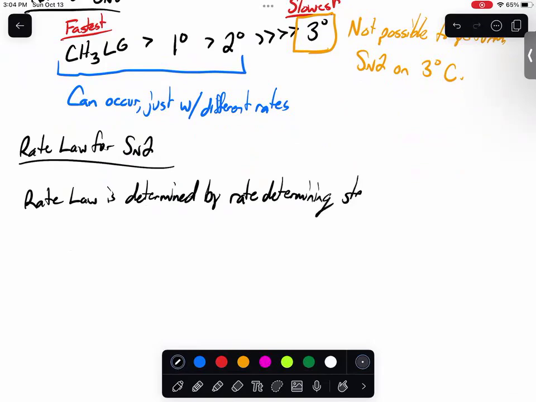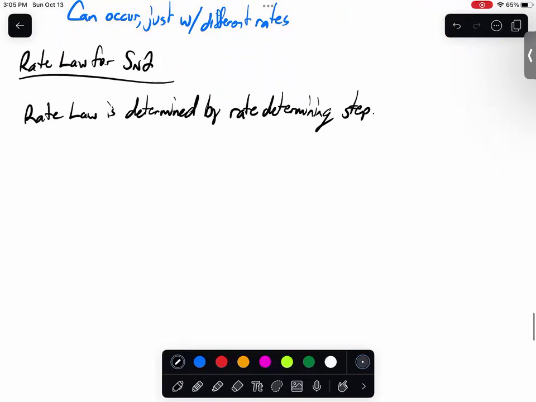Funny enough, this is something that you also talked about in Gen Chem, right? The rate determining step, aka the slow step, is the one that tells you what the rate law is going to be. And in this case, if we're thinking about an SN2, the SN2 reaction is very simply a single step, right?